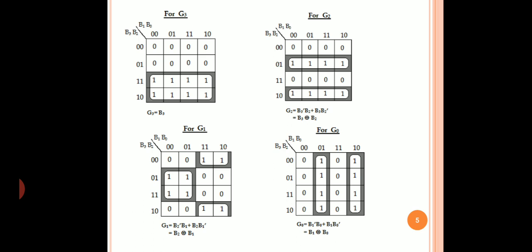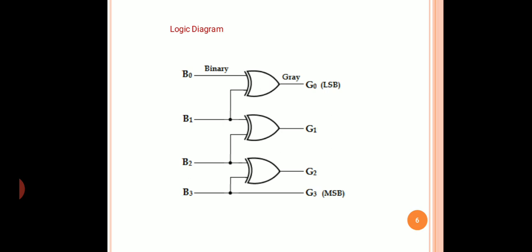The next step is to implement these outputs by using logic gates, and this is how we can implement. Observe here, B3 is the MSB which is drawn at the bottom side. There is no issue, you can draw it at the upward side also, but we have to mention whether it is MSB or LSB.